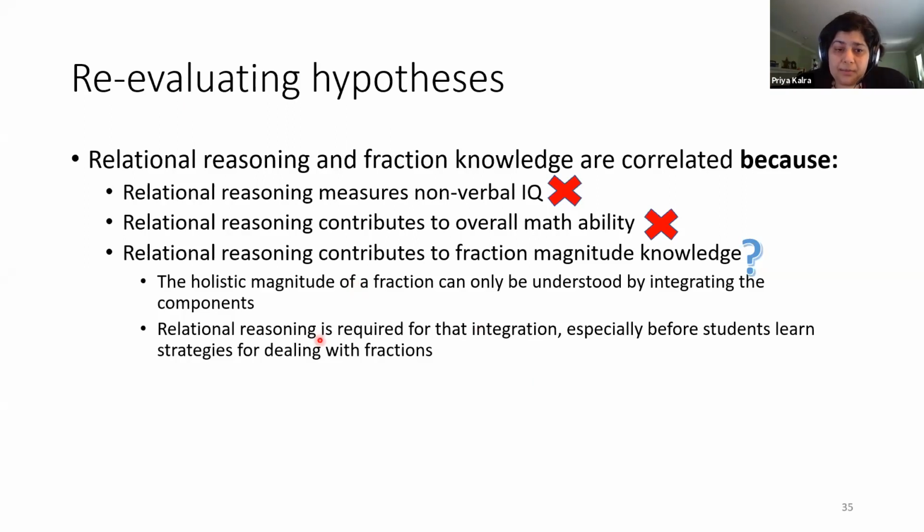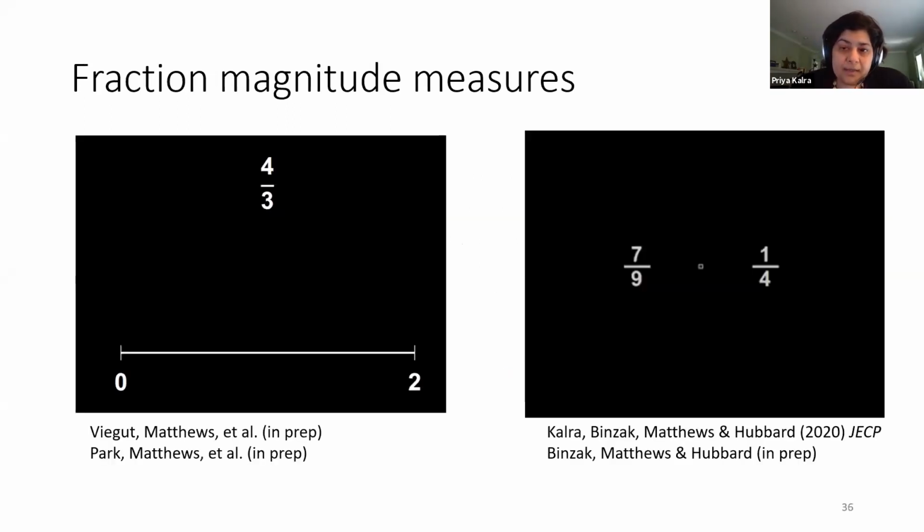And so maybe relational reasoning is helpful because it actually helps you get to that concept of fraction magnitude. And this is something that our lab works on a lot.